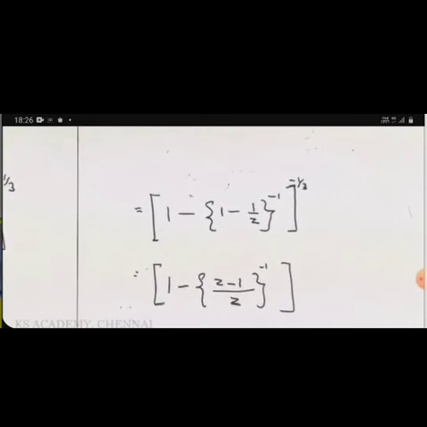LCM you have to take. Z is the LCM. The bracket is simplified. Still we have two brackets.